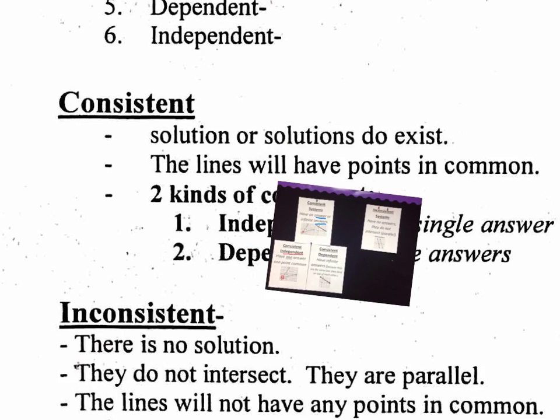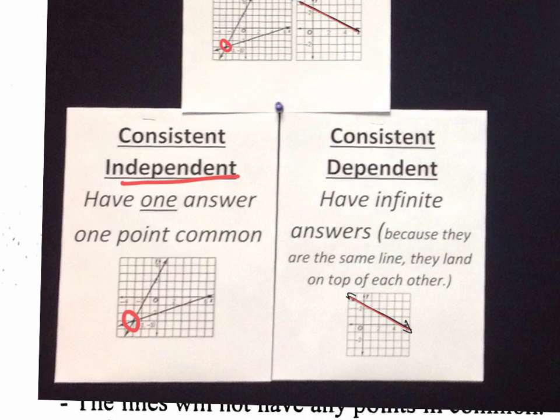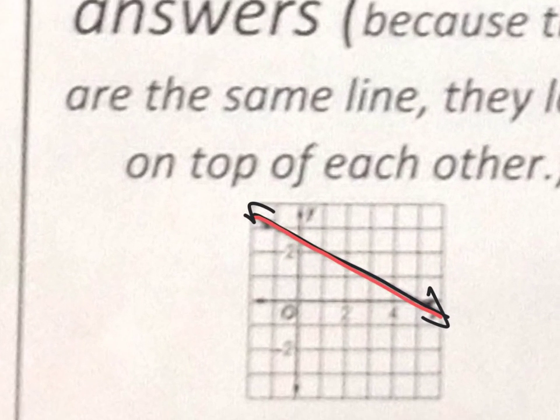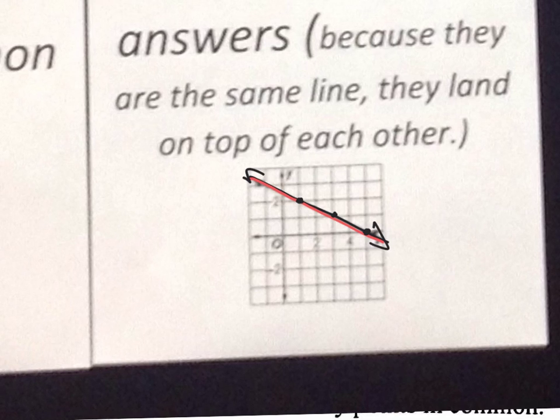Once again, the picture on the wall. These have answers. A consistent independent has one single answer. They intersect at this point. Consistent dependent is when you graph both lines and you realize it's the same line, which means that there's an infinite amount in common. All the points are in common, so there's an infinite amount of answers that work.